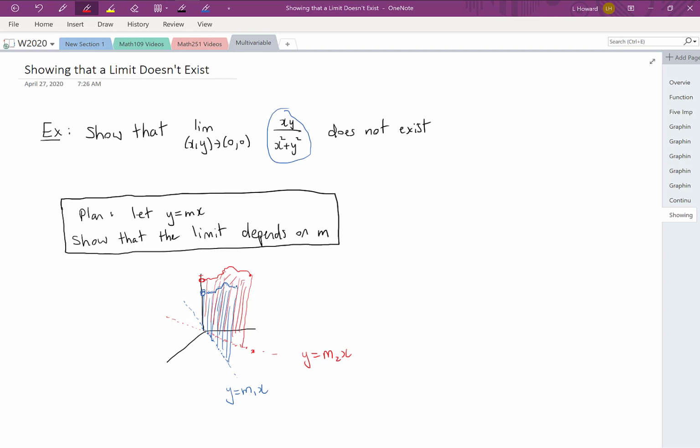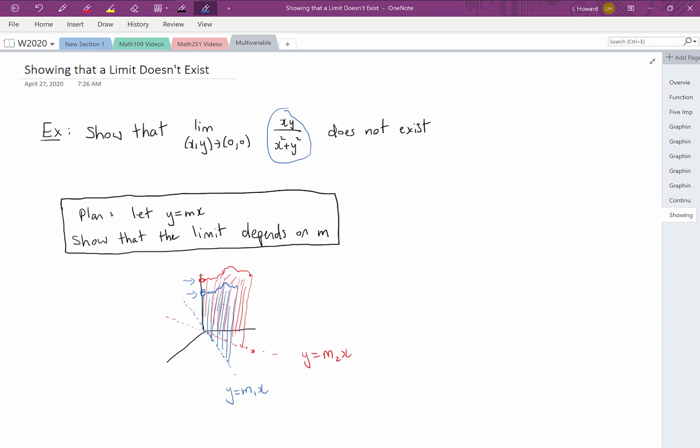The idea is that as we approach the origin from two different directions, we're getting some inconsistency on what the value of f(0, 0) should be. Is it supposed to be approaching the value indicated by the sequence of blue points, this value right here, or is it supposed to be the z value indicated by the red points, that value there? We're getting this inconsistency.